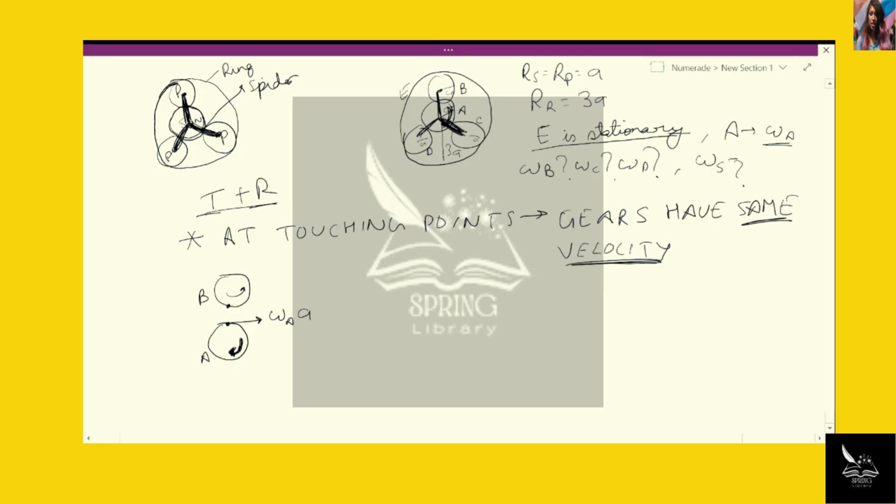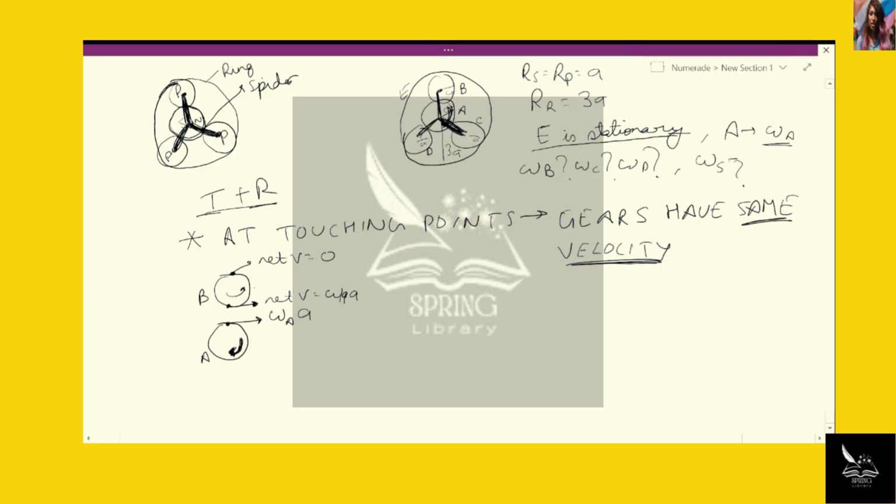So the velocity at this point, as I said, has to be equal. So there will be some velocity at this point. But here we know that the net velocity is going to be 0. Because E is stationary, so here net velocity equals 0. And here net velocity has to equal omega A.